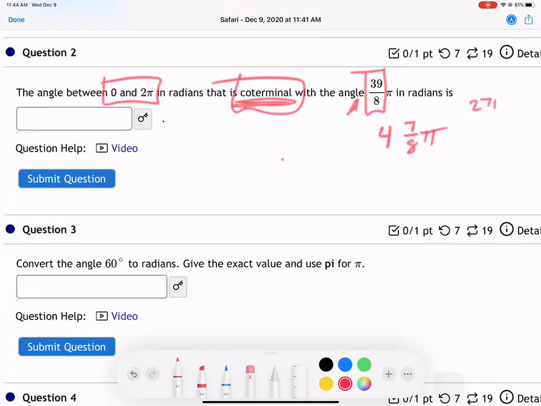Every 2 pi, we reset. What I mean is on the unit circle, every time I go 2 pi, we start all over. So if I go 2 pi and then I go 4 pi, we start all over. And so coterminal is at 7 pi over 8, because we almost made it to a full pi, but we're a little bit short. So the angle here is 7 pi over 8.